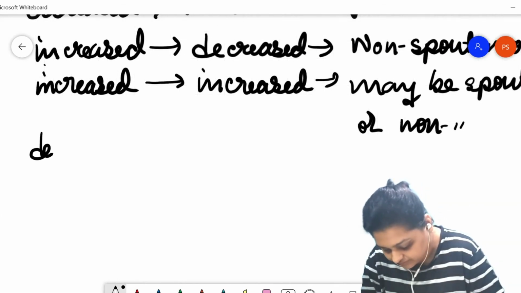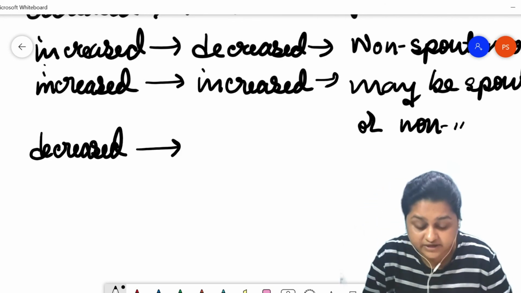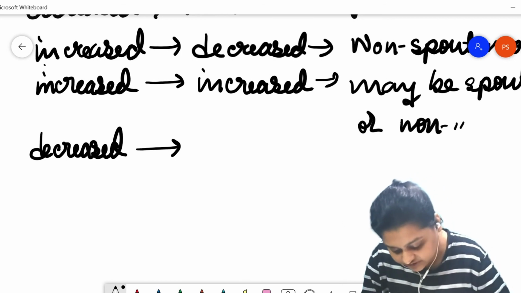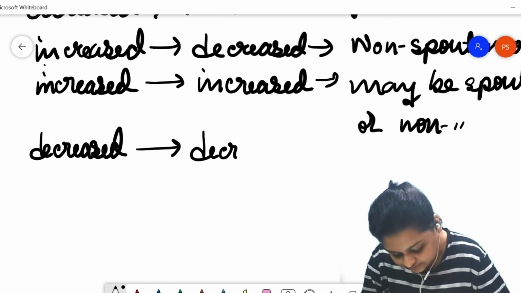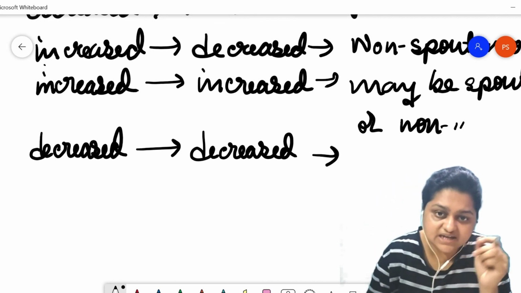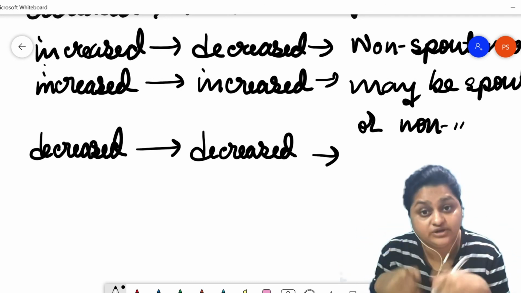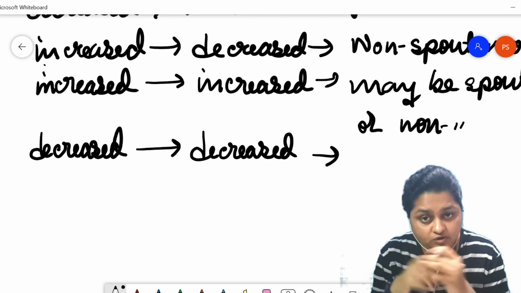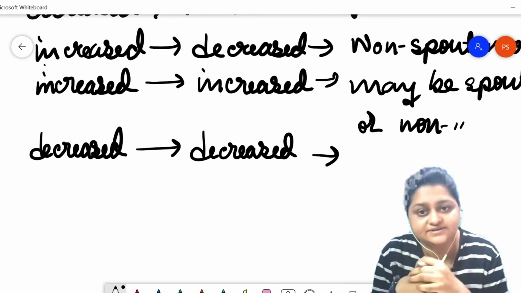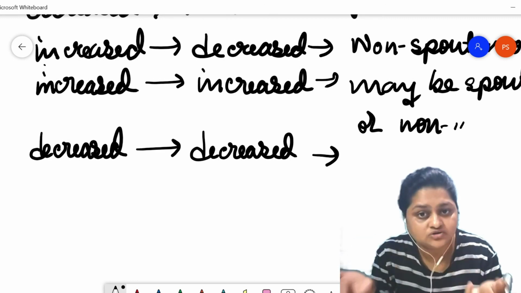If the delta H value decreases and randomness also decreases, in this last scenario, the delta H value decrease makes the process spontaneous, but in the same process the randomness also decreases, which is making the process non-spontaneous.